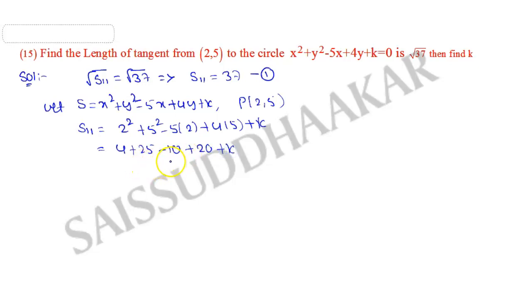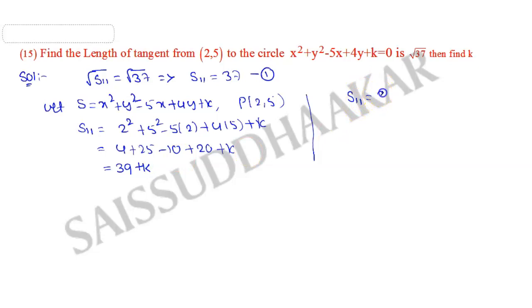So minus 10 plus 20 is plus 10, plus 10 plus 4 is 14, 14 plus 25 is 39. So from here S11 = 39 + k.